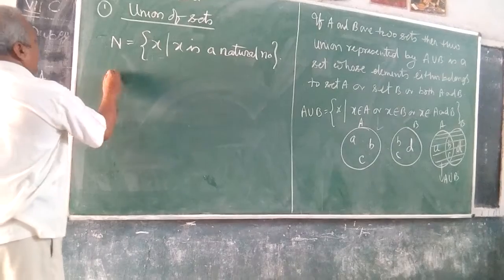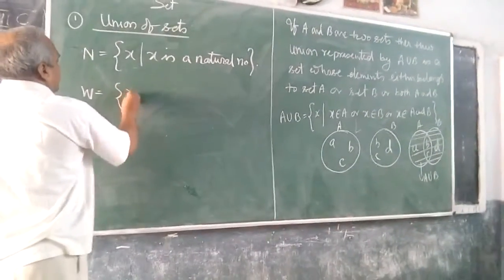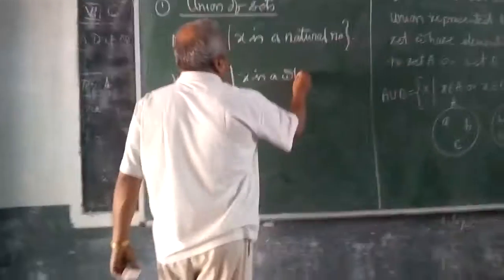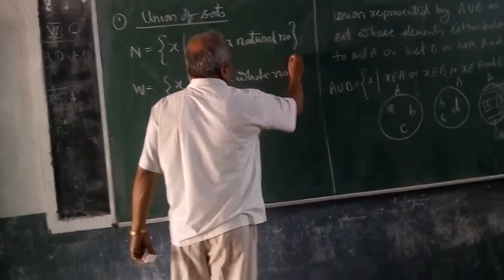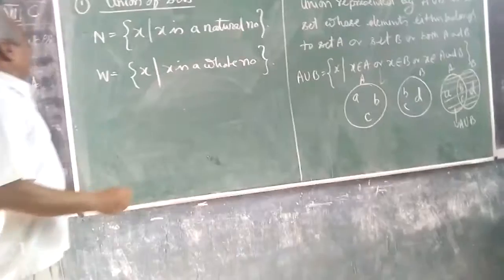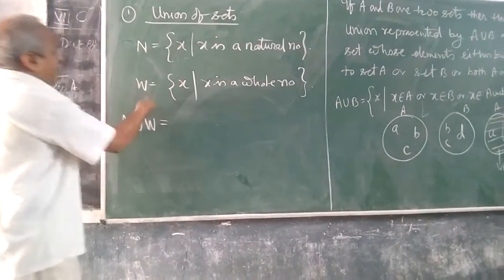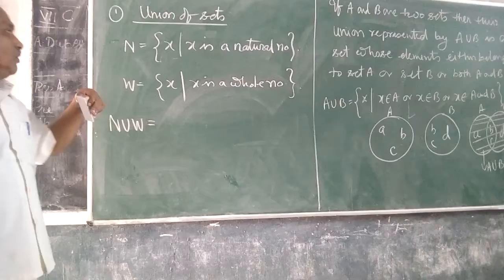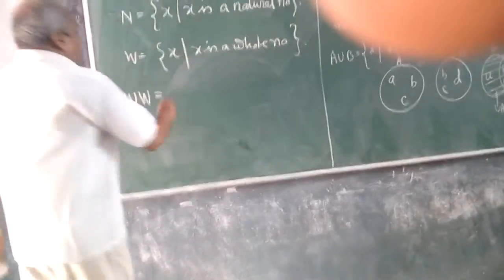And we take another set W, a set whose elements are X such that X is a whole number. Now N union W. N and W are standard sets, that's why I have taken N and W. You may take A, B, C, whatever you want.